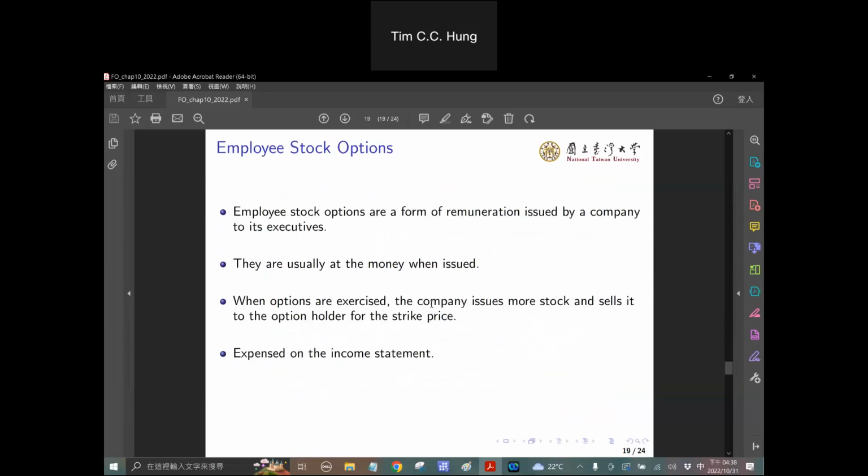Okay, and next to warrants, employee stock options. Employee stock options are also very popular in the US. Working at tech firms, usually your salary package comes with a big chunk of employee stock options. They are also like stock options, but with slightly different features.